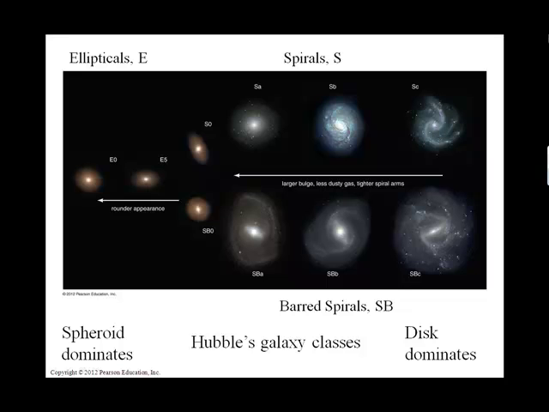So that's why this trend here, that the subclassification of the spirals and the barred spirals of C, B, and A, it says that we get a larger bulge and more tightly wound arms.